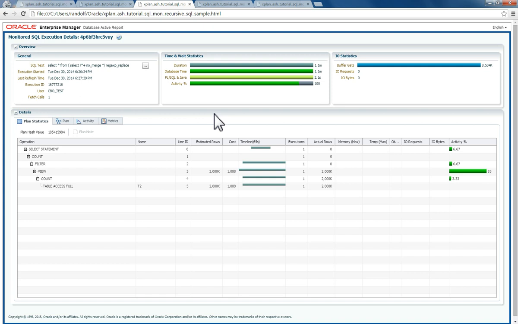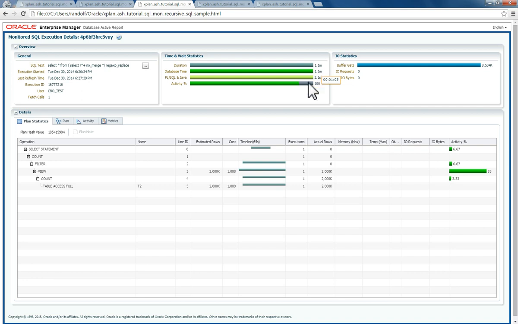Here we have a corresponding real-time SQL monitoring report for such recursive activity. We can see again that this is 65 seconds of total duration with 65 seconds of database time. So this is about the same execution, this report here.